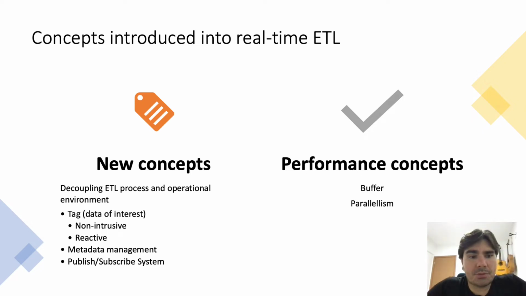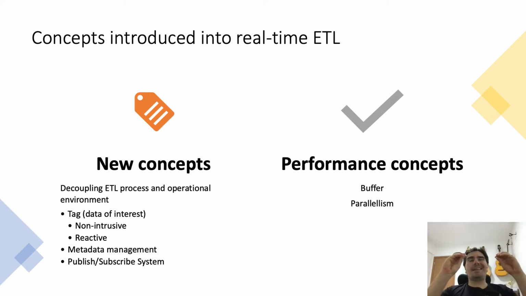To couple the ETL process and the operational environment, we introduce the concept of tag, or data of interest. Data of interest, or a tag, is just an indicative that data produced from the operational environment will be used later in the DW repository.